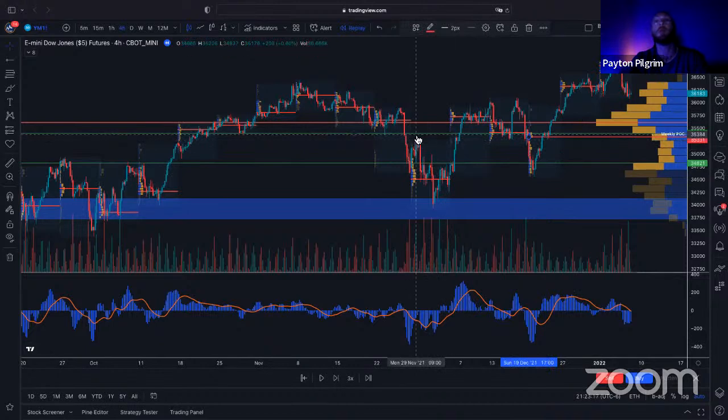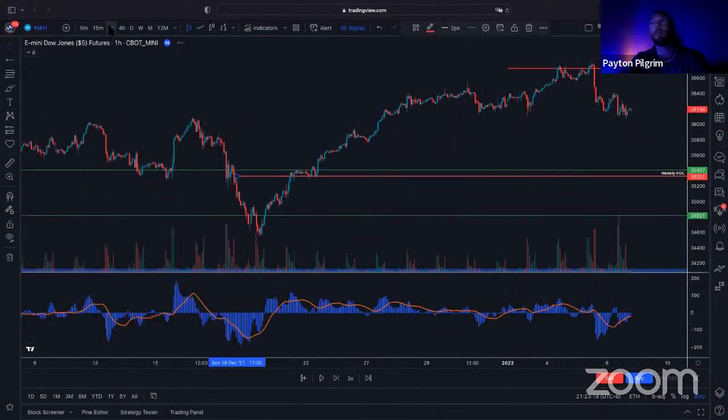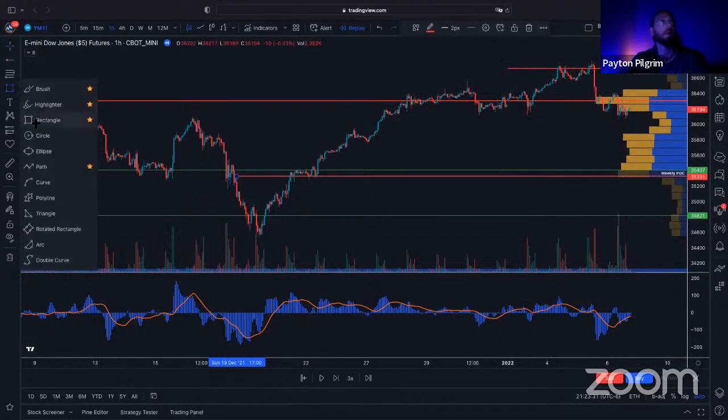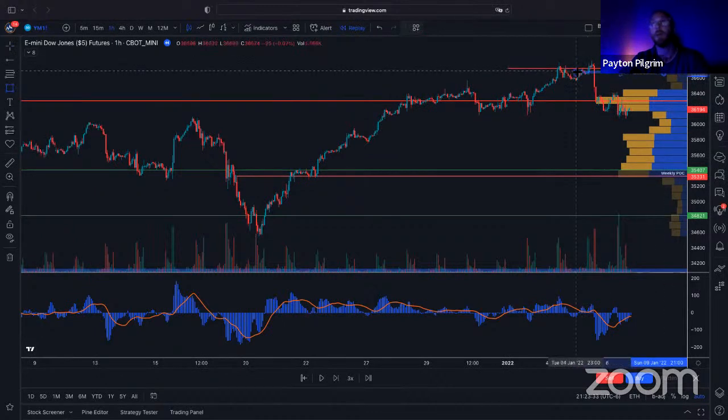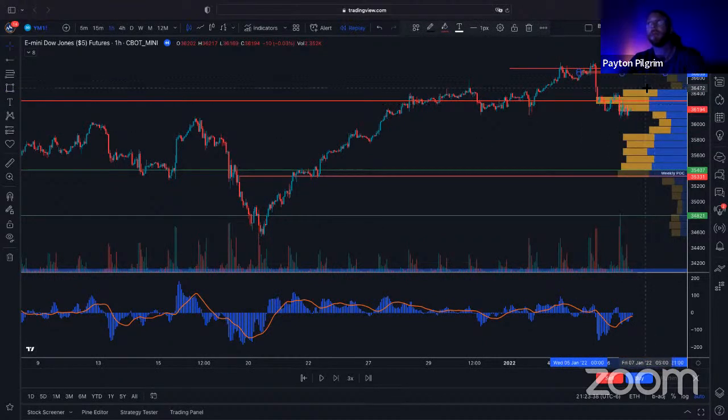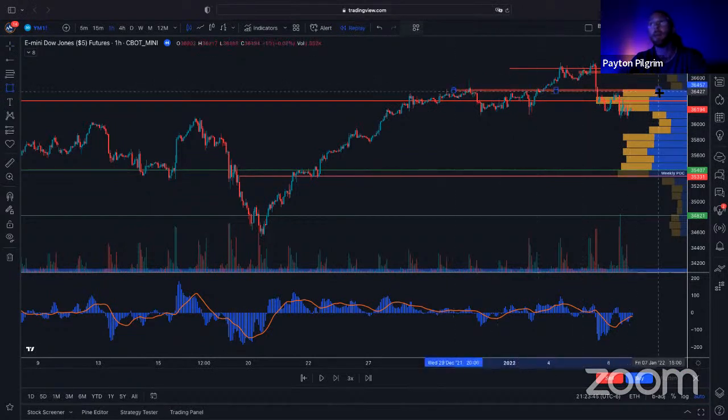Weekly POC. Go to the 1 hour. And we're getting some levels again here. Right there, you see the volume profile comes out a little bit, so we'll make this some supply. It comes out a little bit right there. What that's telling me is in this area, if price breaks above here, it's going to go straight there.